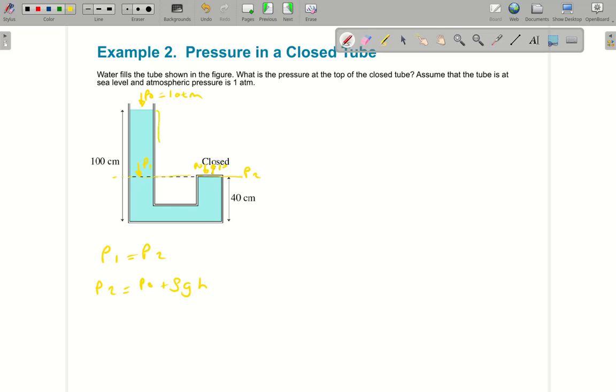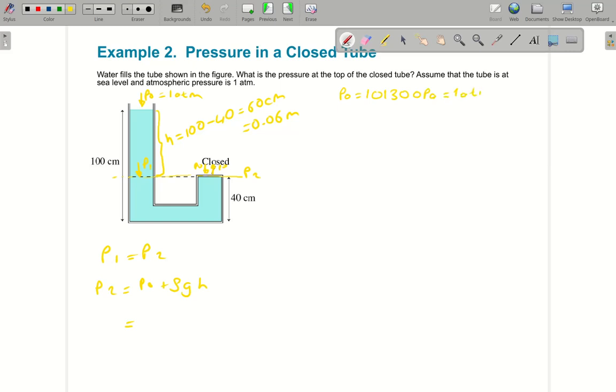What is my h? Is it this distance here? This is 40. This is 100. So it will be 100 minus 40, 60 centimeters, 0.06 meters, right? Divided by 100. P0 is 1 atmosphere. I'll go with Pascal here: 100,300 Pascal for 1 atmosphere.